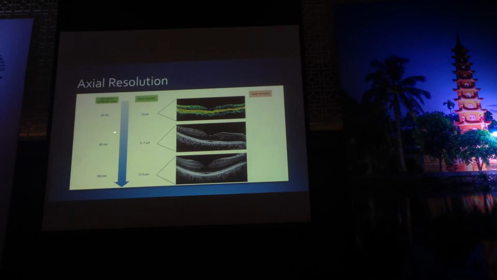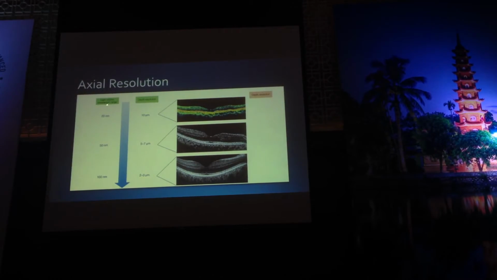If you have a higher bandwidth or wavelength range, this is what we get from the ultra high resolution OCT. Normally for the time domain OCT, we get about a 20 nanometer bandwidth.